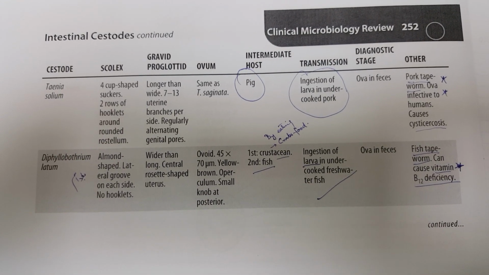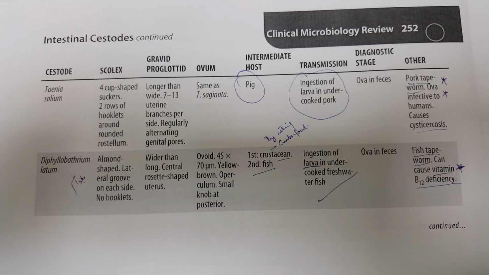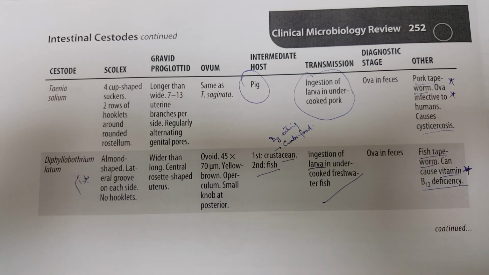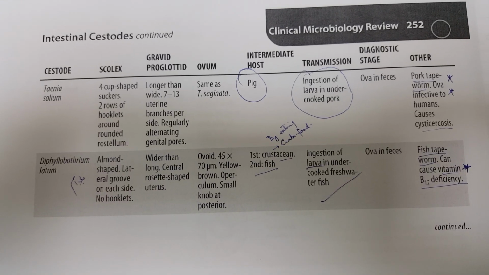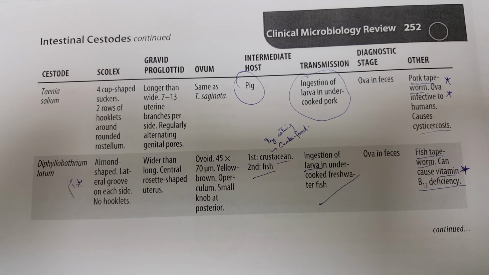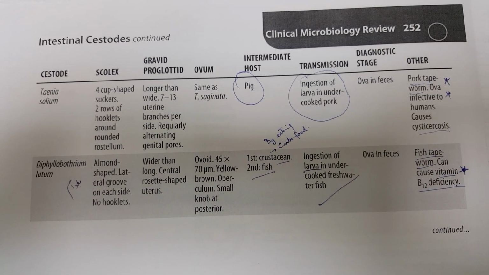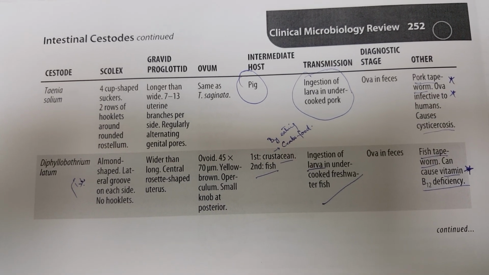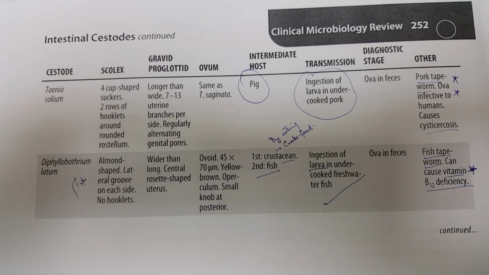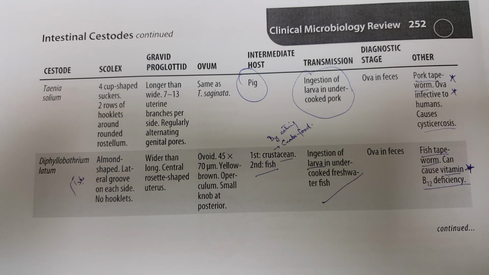The Taenia solium ova are infective to humans, and it causes cysticercosis. The intermediate host is the pig, and infection is by ingestion of the larva in undercooked pork, which is infective to humans.